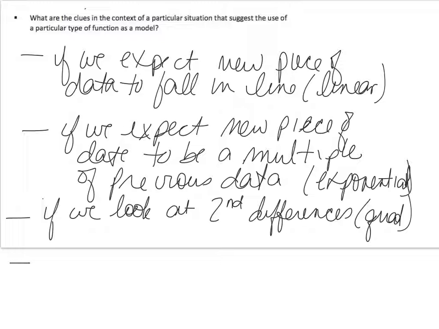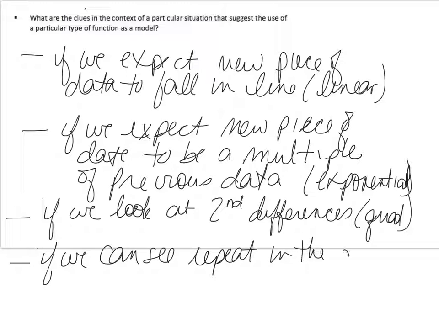And then something that's periodic or repeatable, if we can see a repeat in the data, then we're going to try sinusoidal. Right? So you just have to look at the data and say, what am I looking at?